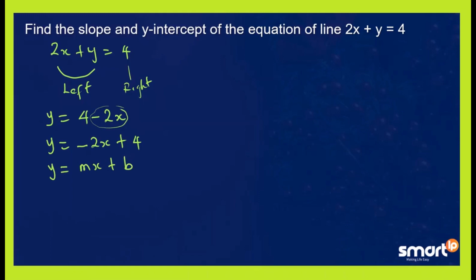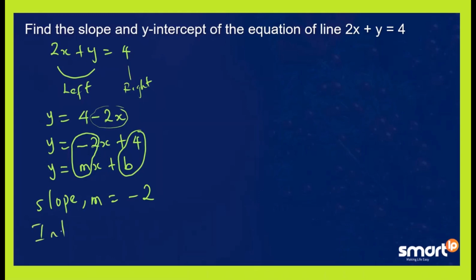If we compare through, you will see that m is equal to minus 2, while b is equal to 4. m is our slope and b is our y-intercept. So we could write it this way: slope m is equal to minus 2, while the intercept b is equal to 4. That's a good one.